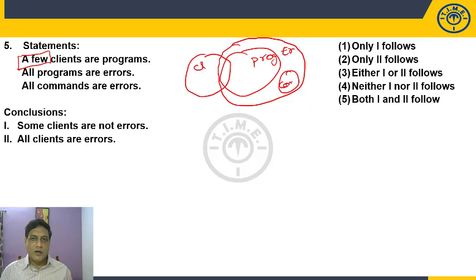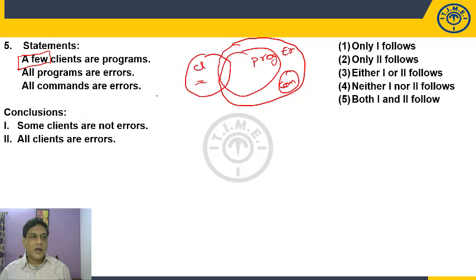This is the basic diagram. In the given statements, there is no direct statement between program and command. So in the basic diagram, we keep them separate. But there is no restriction between any of these circles, so in the alternative diagram, we can let them merge with each other.